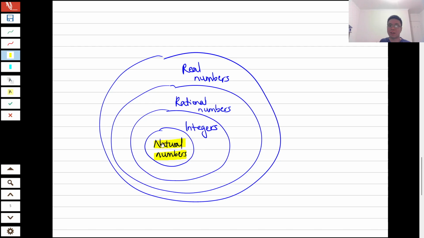So everything inside the natural number circle is contained inside the integer circle. So all natural numbers are integers, and all integers are rational numbers. So that means natural numbers and integers count as rational numbers.